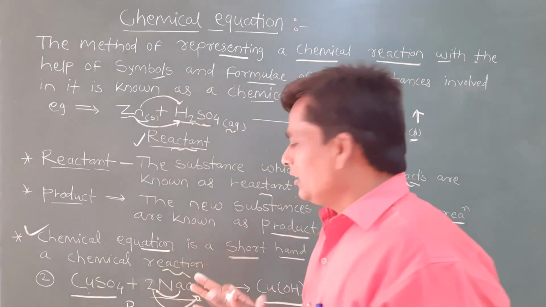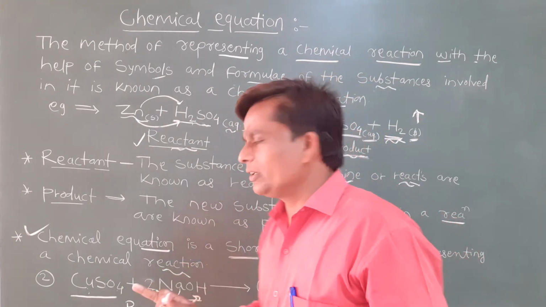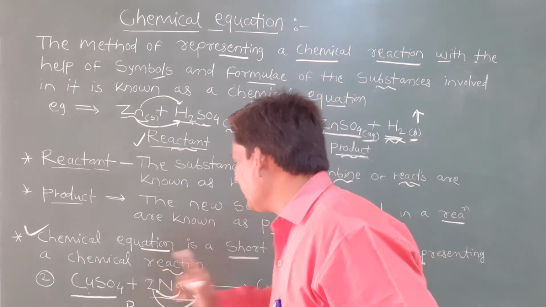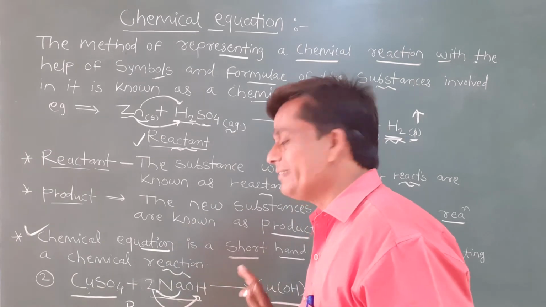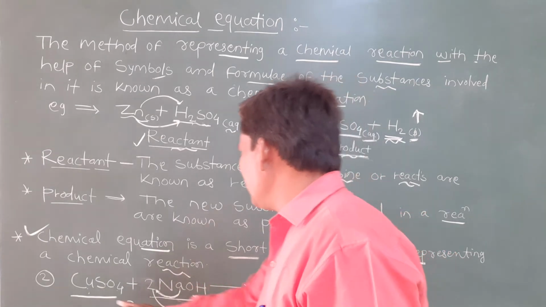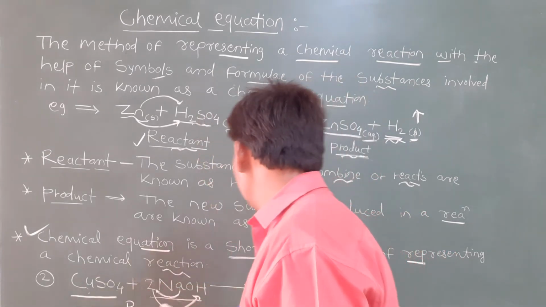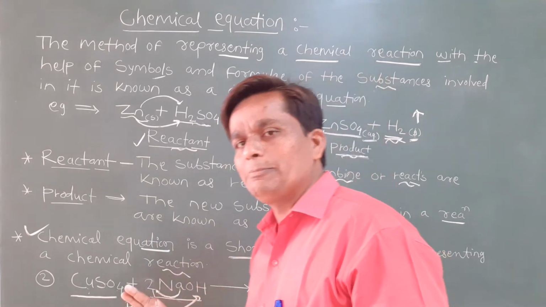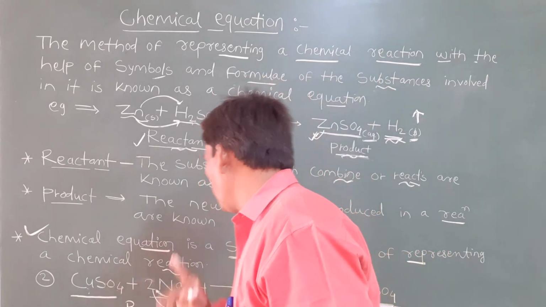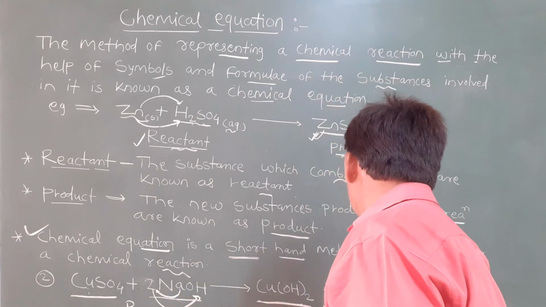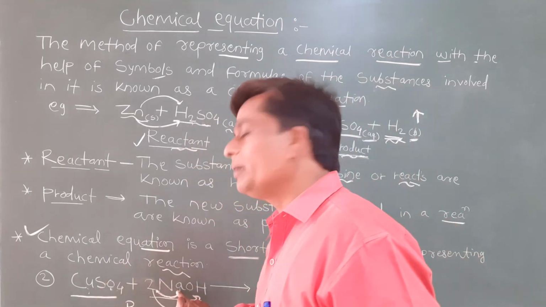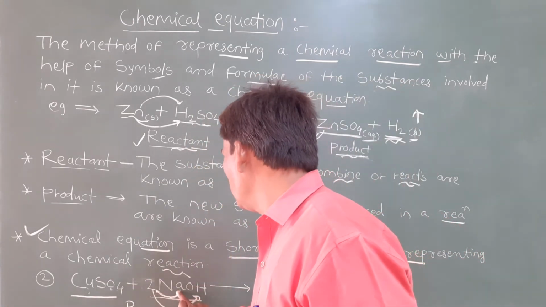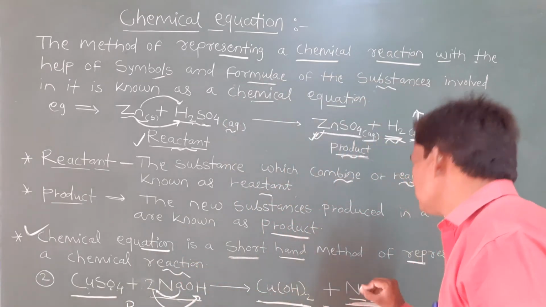Whenever you check a balanced equation, you check both the right hand side and left hand side. On the left hand side, how many coppers are there? One. Here also one, so copper is balanced. Now check SO4: one here, one here. Then sodium on the reactant side is 2, and here Na2 means sodium 2.